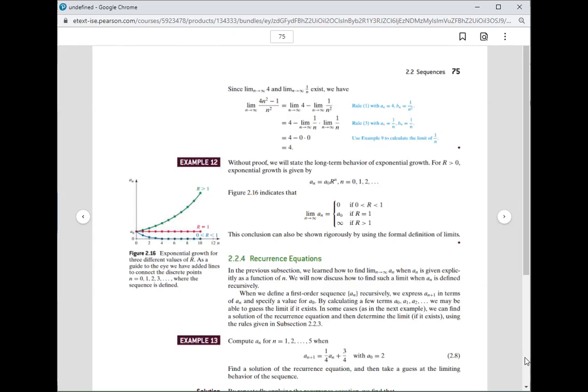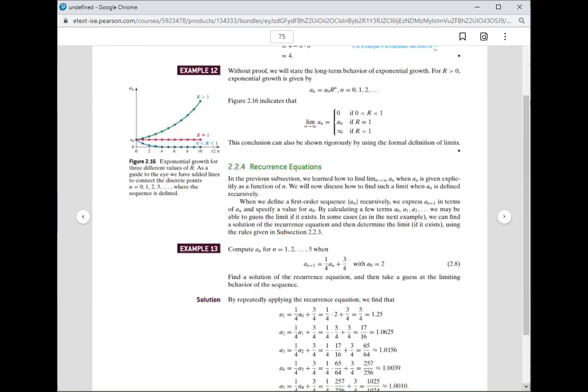Okay, the next one is recurrence equations. You can see here, we will now discuss how to find such a limit when a_n is defined recursively.